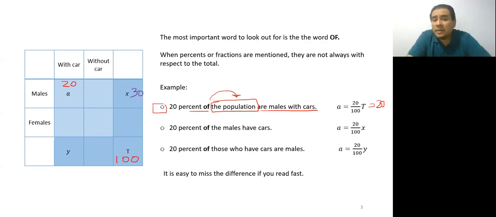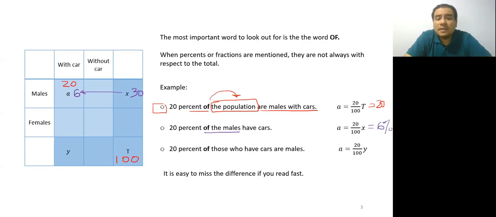So if men were 30%, then 20% of the males would be 20% of 30, and that would be 6, okay? So the actual value for the males with cars would be 6% of the total number of people. Yeah, because it's the 20% of the males, which are 30 in turn. All right, so here, this 20% of 30% will equal 6%.